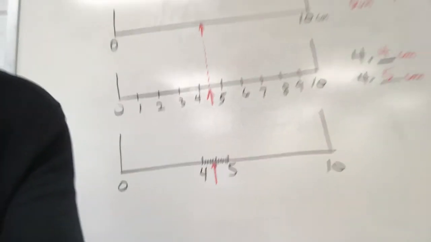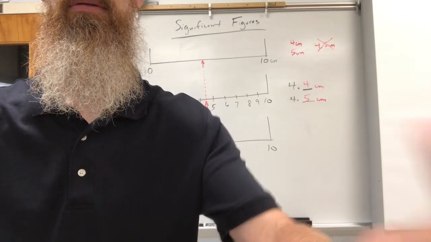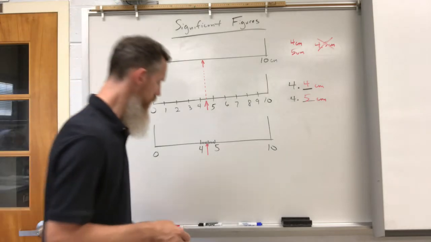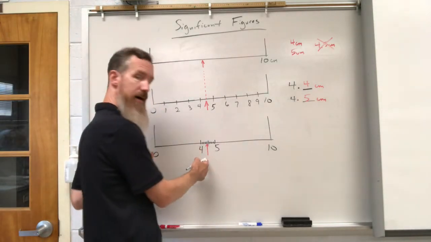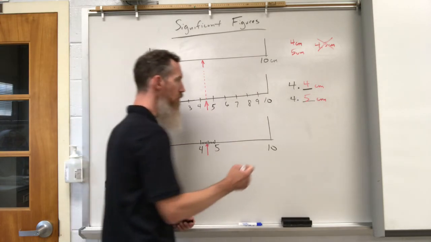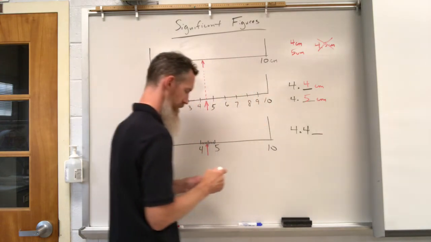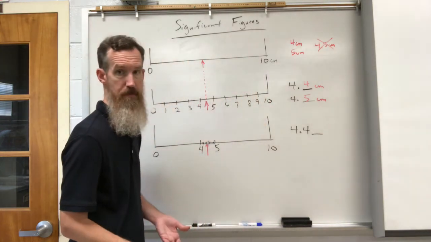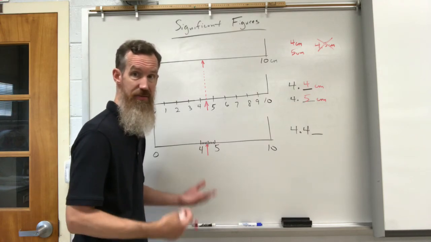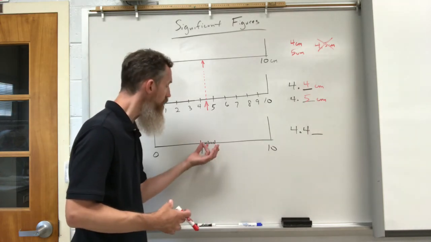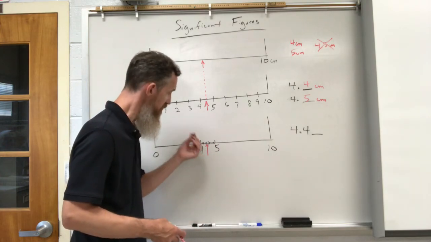So, in this scenario, on this ruler, this object from 0 to here would be 4.4 something. You have to guess that last value. And this measuring scale allows us to zoom in even more.